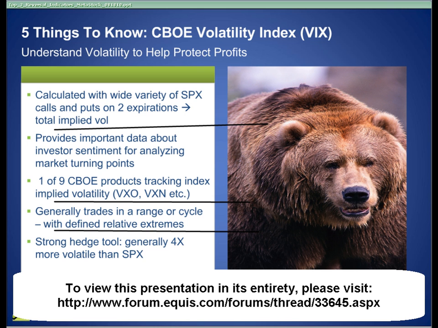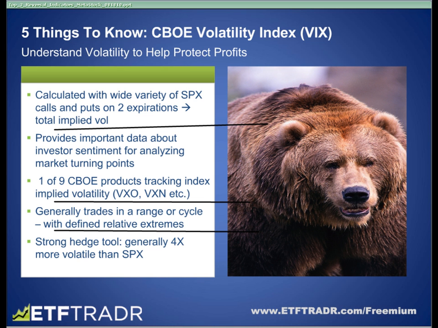A lot of people use the VIX, or, for example, does anyone know what the VIX exchange traded product is? An ETP represents exchange traded products, which are really exchange traded funds, ETFs, and exchange traded notes, ETNs. The VXN is an exchange traded note.